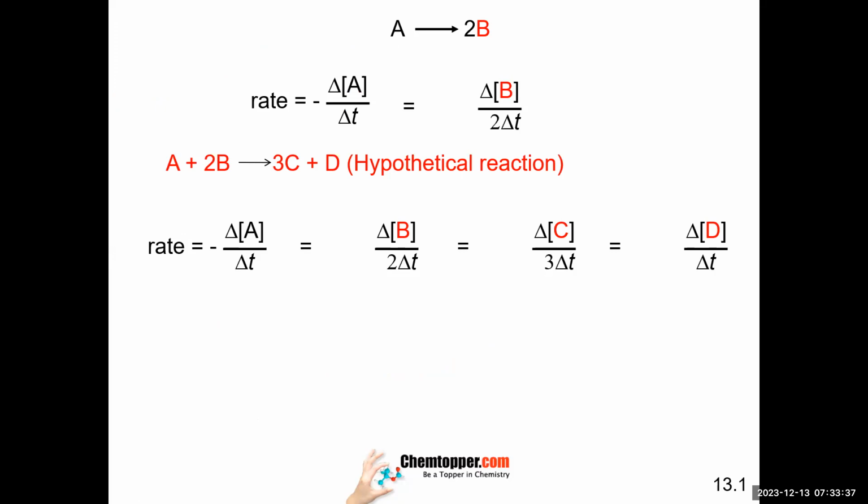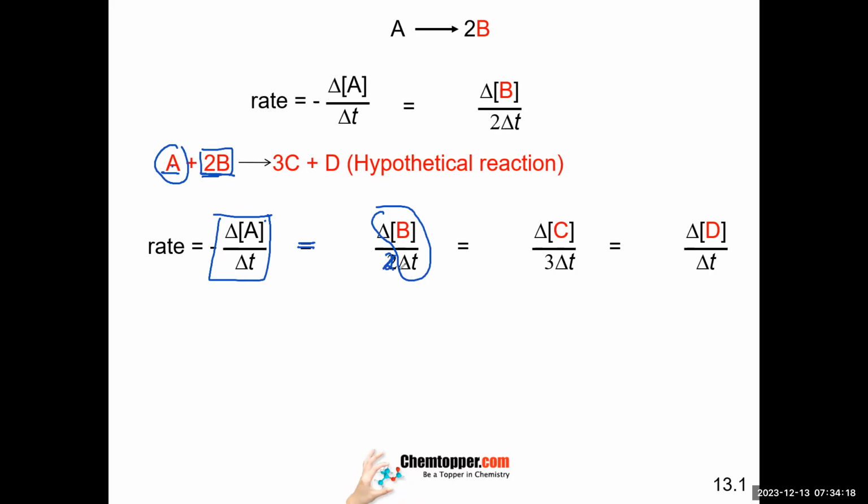So if there is a chemical equation, the coefficients here indicate how these rates are related to each other. This is the rate of disappearance of A, and this is the rate of appearance of B. But they will become equal to each other if I divide this rate of appearance by 2, because this is 2 times more than that of A. If 1 mole of A disappears, how many moles of B are appearing? 2.